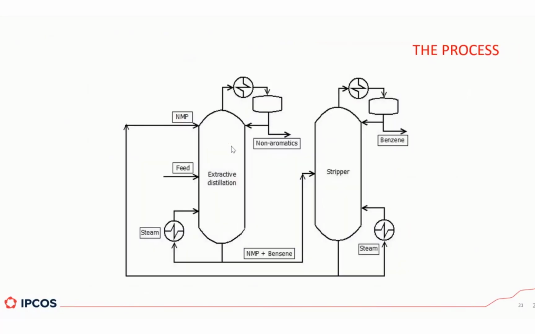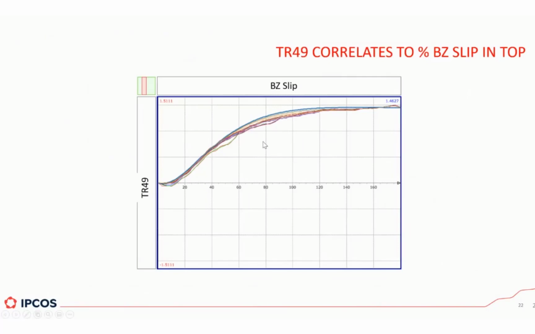One of the first things we did, and again, this is for the people who were not present in the previous webinar, what happens here is that the first problem we faced was the fact that they were trying to control the sensitive tray temperature in the top of the column.